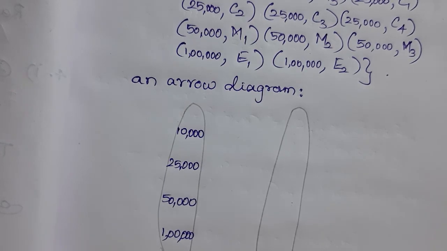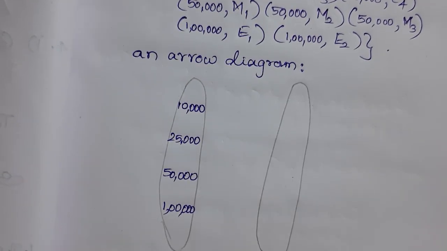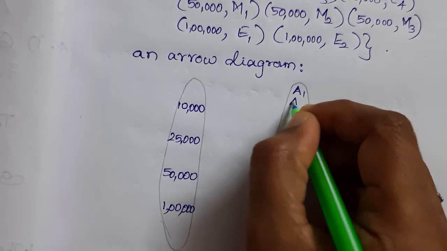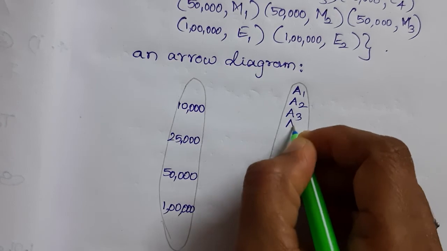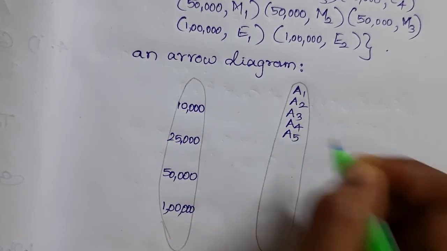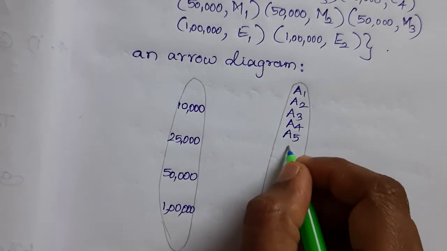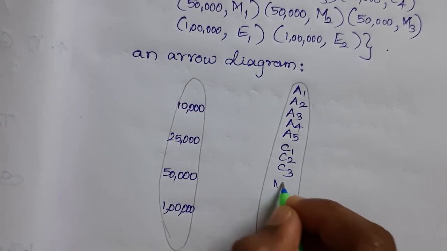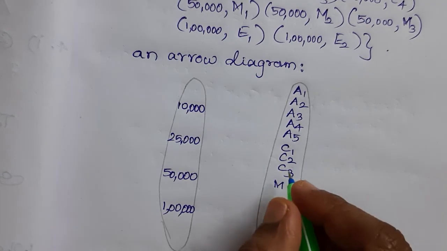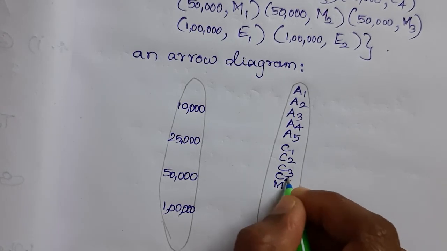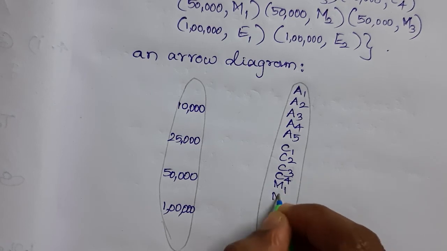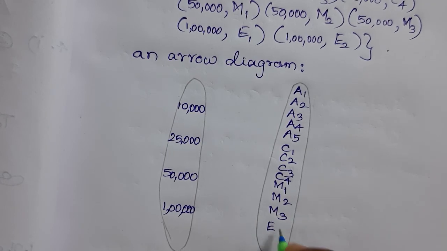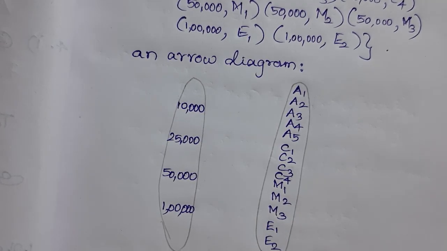These are the 4 different salaries, which represent the persons, that is assistant 1, 2, 3, 4 and 5. There are 5 assistants, and clerks, C1, C2, C3. Then managers, there are 3 managers. Sorry, there are 4 clerks, so C4, 3 managers, M1, M2, M3. And executives 2, E1 and E2.